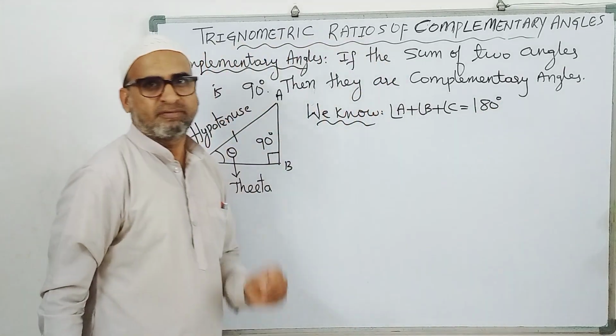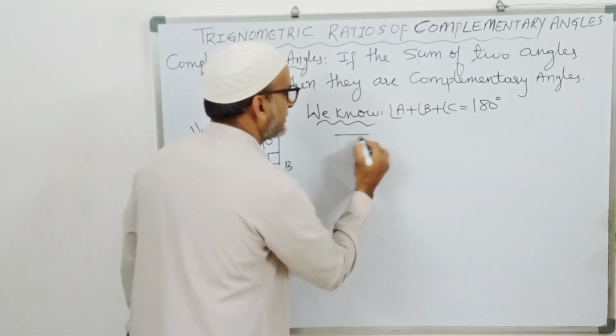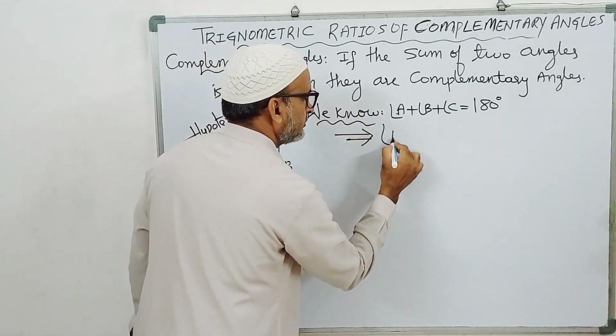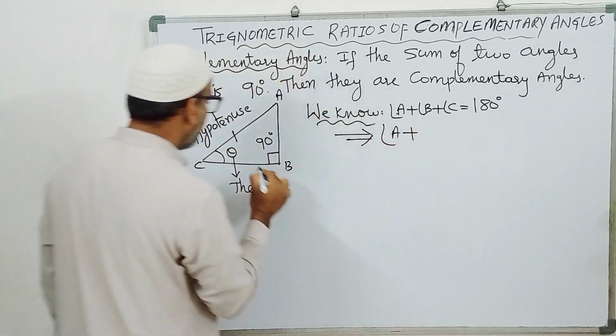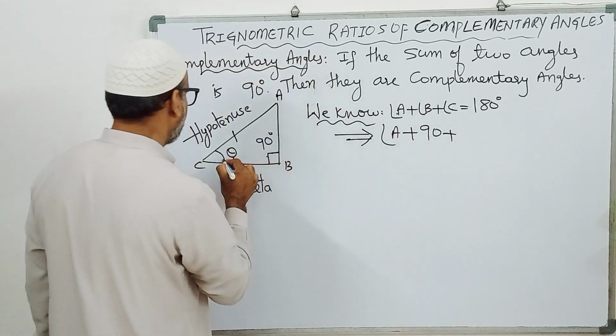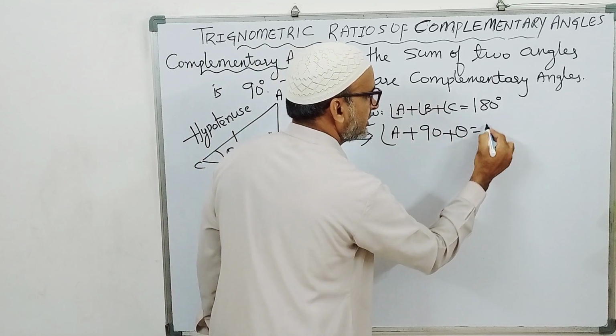Angle A we don't know, plus angle B 90 degrees, plus angle C theta is equal to 180 degrees.